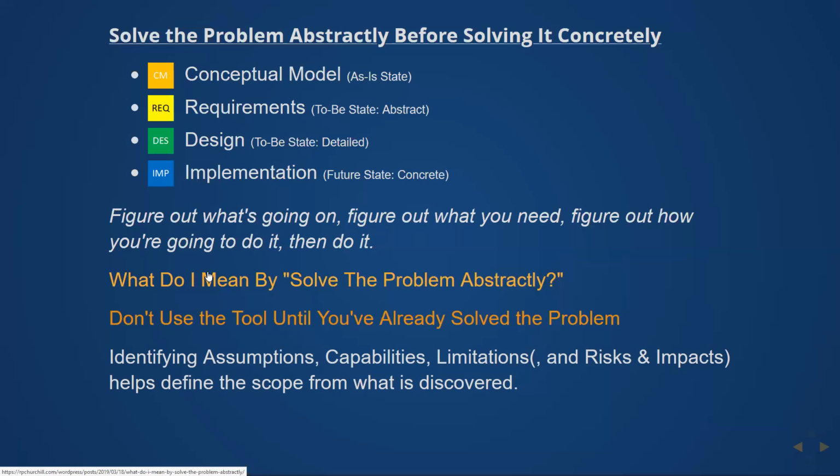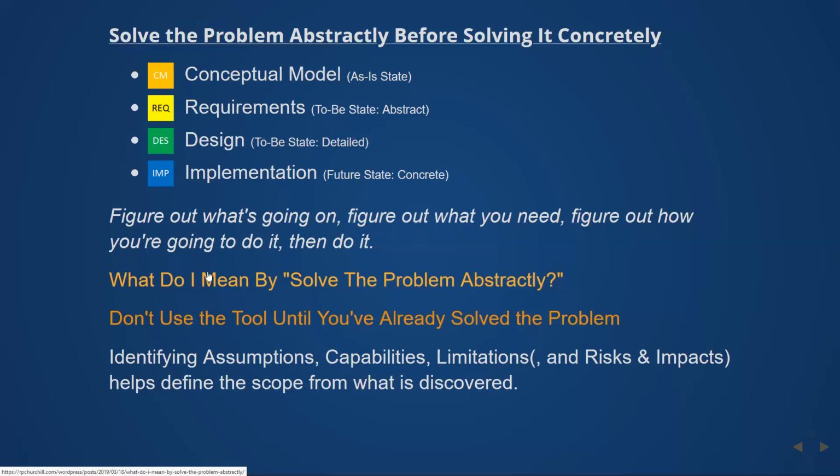So identifying the assumptions, capabilities, and limitations, that was one of the phases I talked about that isn't shown here. It defines the actual scope of what you're gonna do. So you might find out a bunch of stuff that's going on, but you won't necessarily include all of it or address all of it.